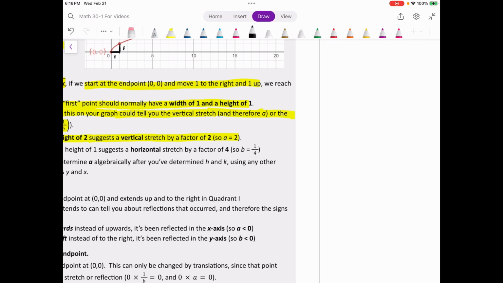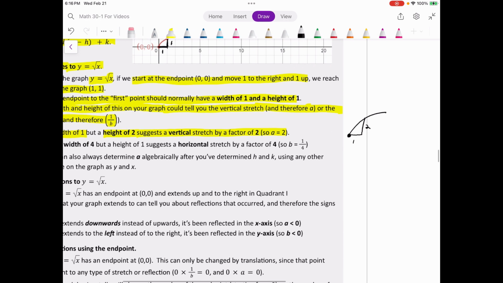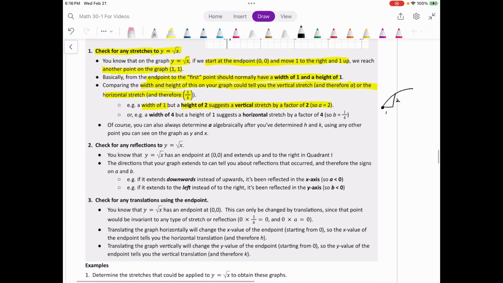If we see on our graph now, starting from the endpoint, we go over 1, but we have to go up 2 to get to another point on our graph, well, that suggests this graph is now twice as tall, so to speak, as it used to be. Used to be if we go from the endpoint, we go over 1, up 1. Now if we go over 1, we have to go up 2. So it suggests it's been vertically stretched by a factor of 2.